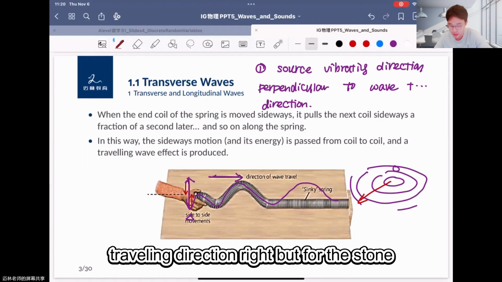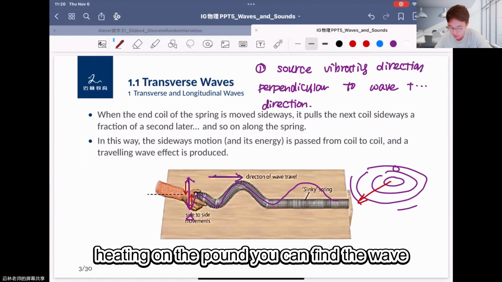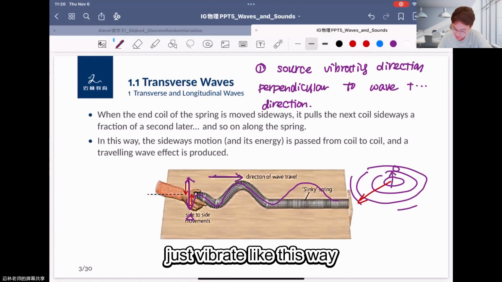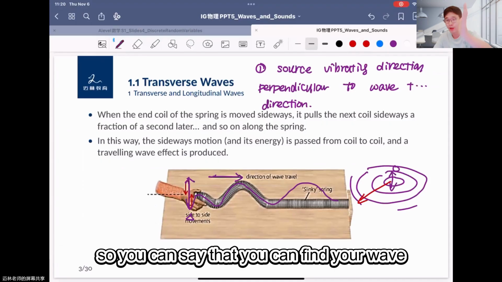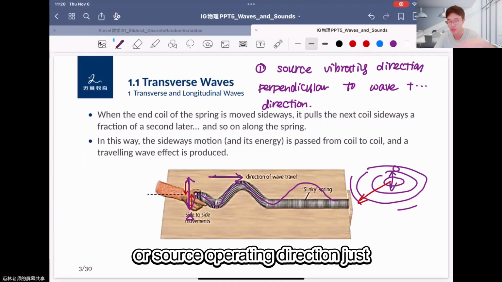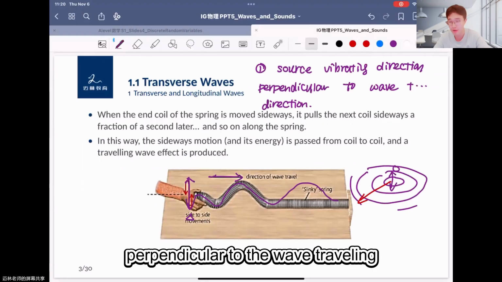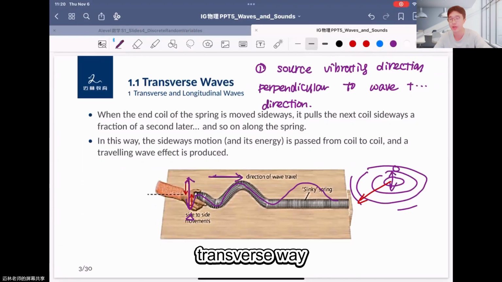But for the stone hitting on the pond, you can find the wave vibrates like this way. So the source vibrating direction is perpendicular to the wave traveling direction, so it is a transverse wave, okay?